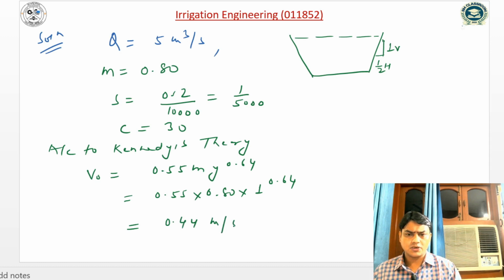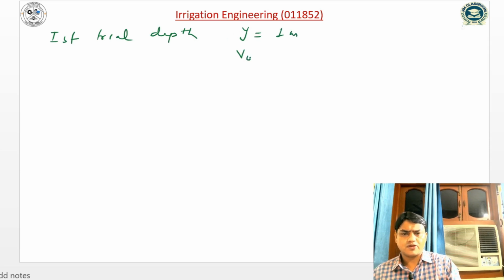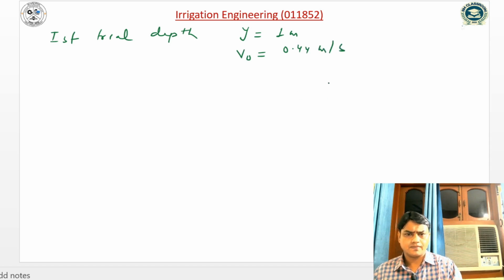So for the first trial depth, y is equal to 1 meter, V naught is 0.44 meter per second.